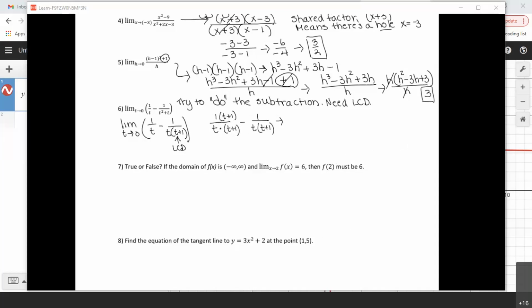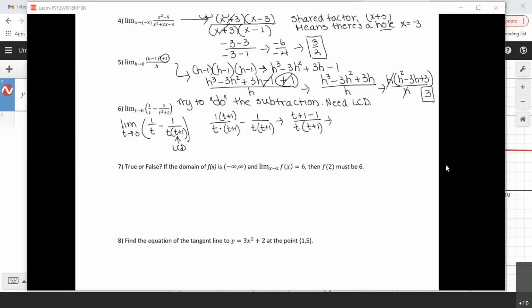Once I have a common denominator, I can do the subtraction up in the numerator. So that's t plus 1 minus 1 over t times t plus 1. It was 1 times t plus 1, that's t plus 1, minus the 1 in the second numerator. Remember, once I have common denominators, I can do the adding and subtraction in the numerator.